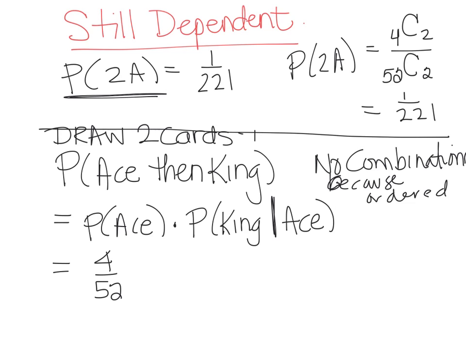Again, this was no replacement, times the probability of getting a king. Well, there are 4 kings in the deck I could get out of the 51 cards that are available. Okay, so this is going to be a very different kind of question than the 2-ace question. You see how it's different. 4 out of 52 times 4 out of 51. And you get the 4 over 663.